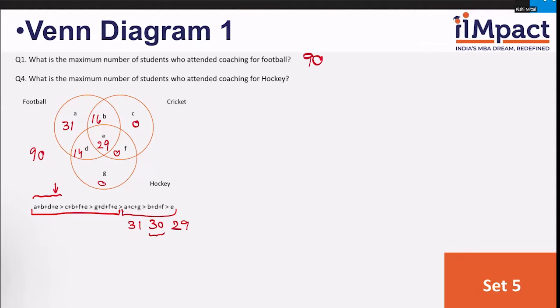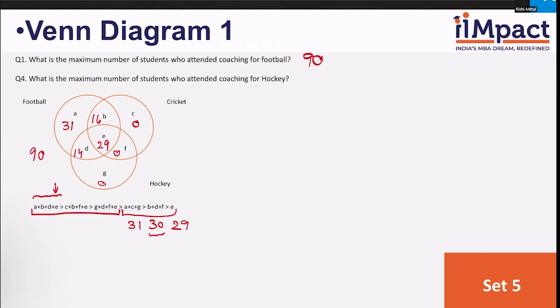Another simpler way to look at this was, of course, that I will be able to distribute all the students in a way that only one, only two, and only three sports constraints will be taken care of. Right. So even without doing all of this, you could have given the answer 90 if you have that conceptual understanding of how maxima-minima works.